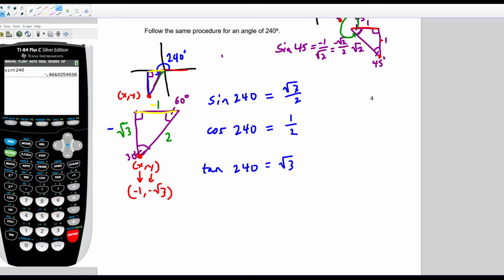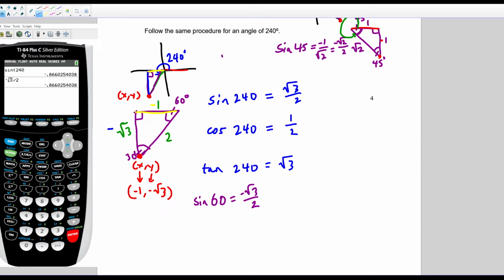If we were to take the sine of 60 using our purple triangle here, sine of 60 is opposite over hypotenuse, which is going to be -√3/2. And we can see that -√3/2 is exactly what we have when we punch in sine of 240.